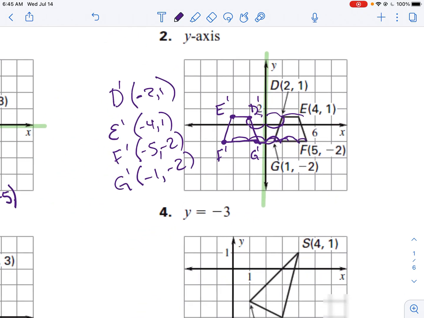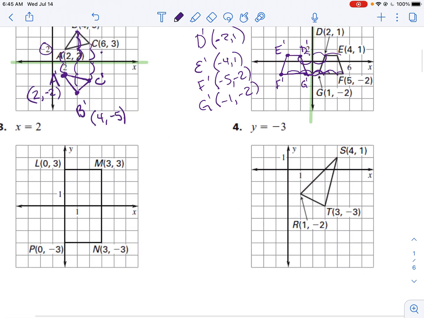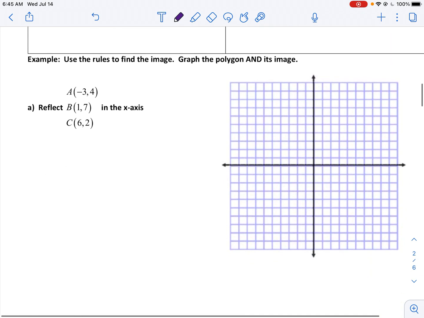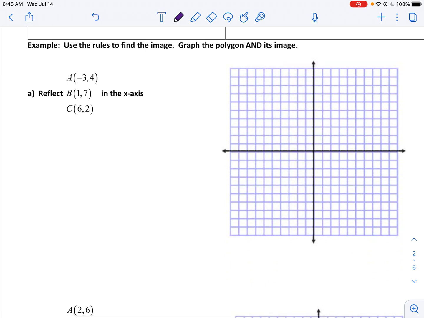Now we're not going to worry about over these other lines. So we're going to use the rule. I'm not even going to draw my picture yet.